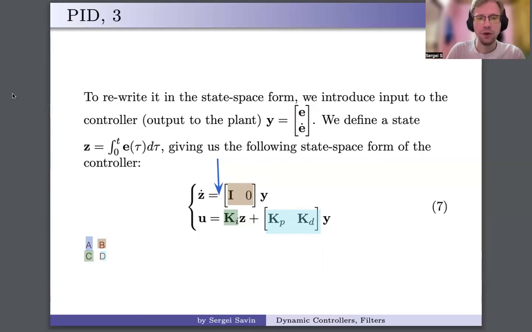If you already tuned Kp and Kd using some other methods, all you need to do now is to tune Ki, which you can attempt to do simply by closing the loop and seeing that everything is fine. But in practice, this is not a systematic practice the way we do it with LQR.